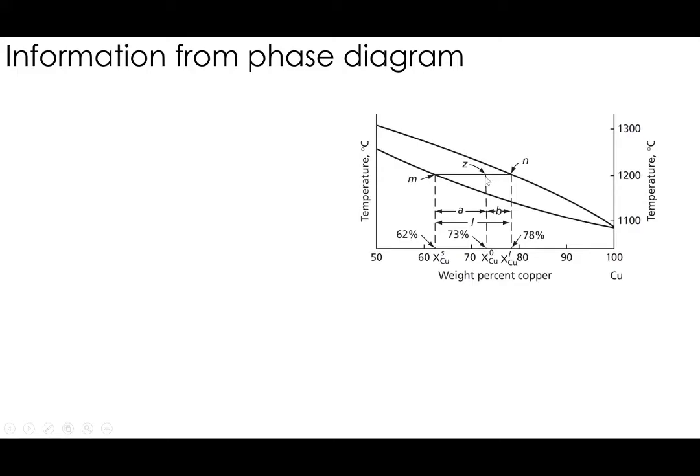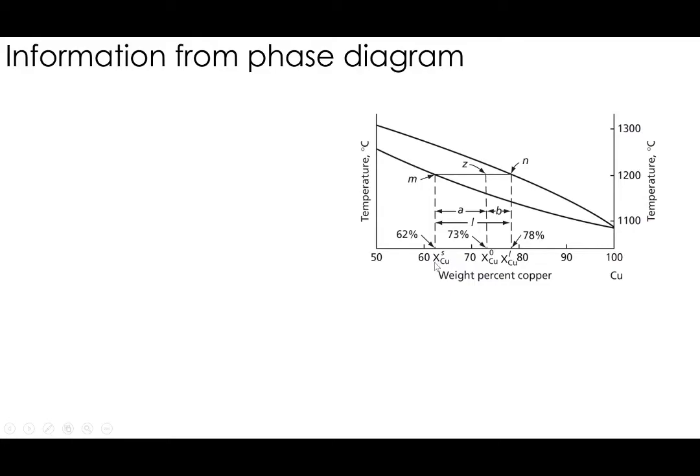Now we have this tie line here, and the endpoints are marked as M and N. If we want to figure out the composition of each phase, for the liquid side, just drop it down. This 78% copper is the liquid's composition, and for this point, if you drop, 62% copper is the solid's composition. It is labeled like that.